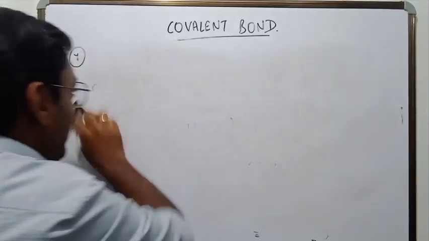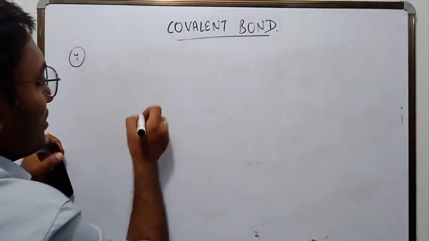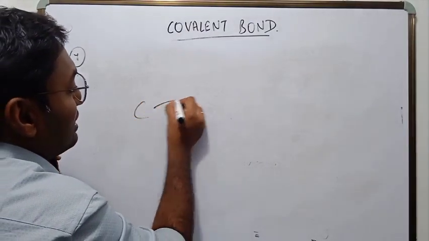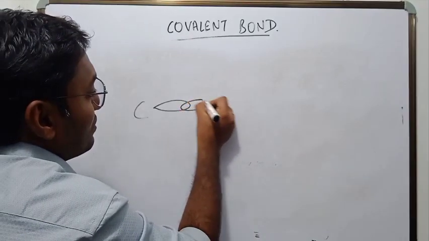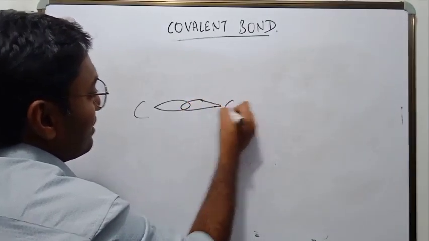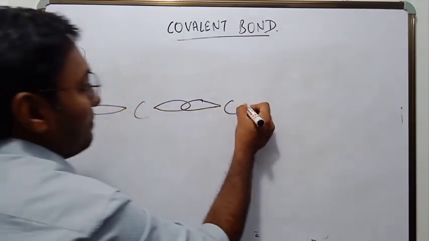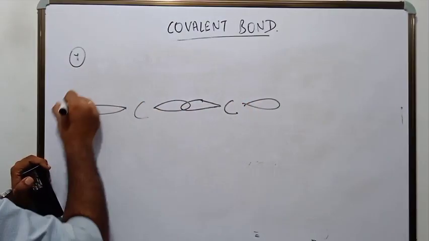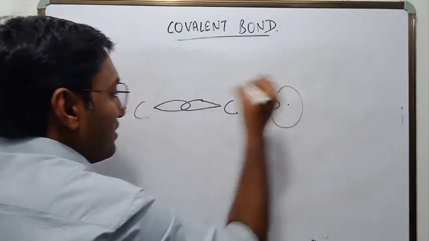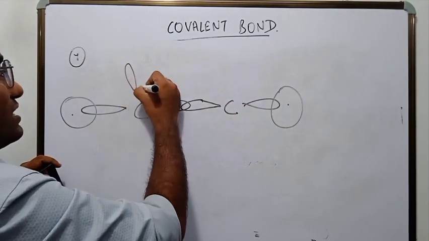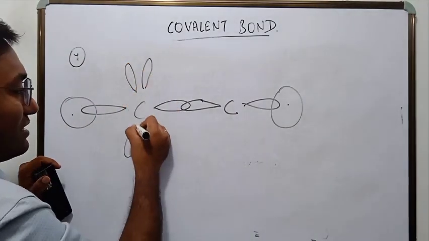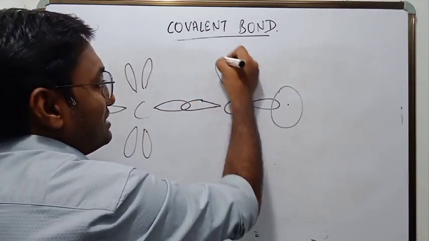Similarly for alkynes, this is an alkyne, a linear shape, right? It has two unhybridized p orbitals, py and pz.